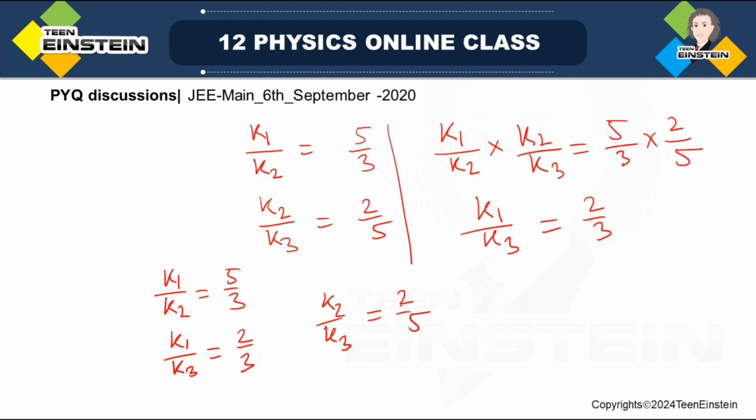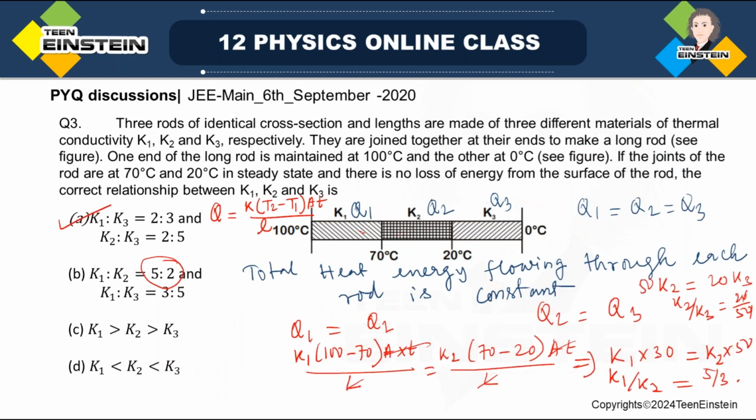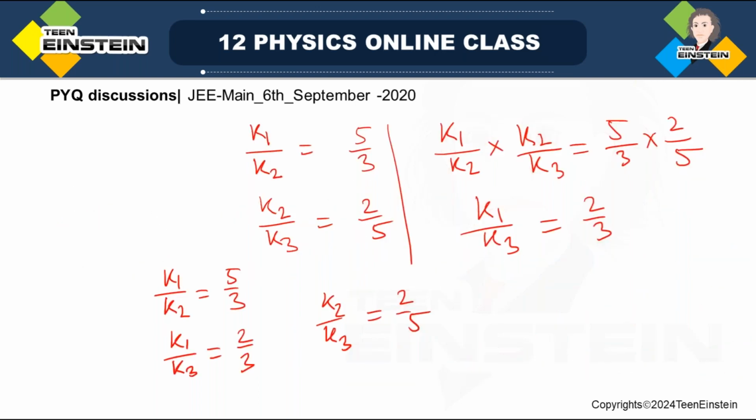So which are the options given? K1 K3 I should get 2 by 3, that is fine, and K2 K3 I should get 2 by 5. Yeah, that is also fine. So first option is the answer. Okay, all right, let us go to the next problem.